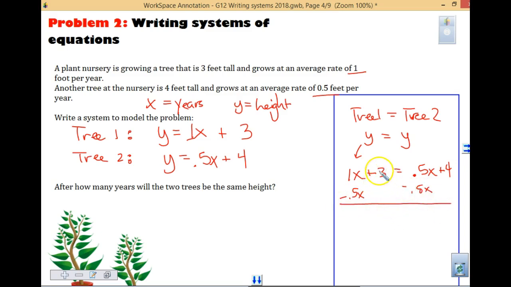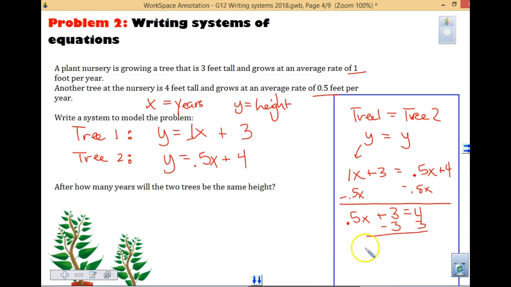After I do that, Grace, 1 minus 0.5 leaves us with 0.5x. I have plus 3 equals 4. Next step, Riley, to get our x by itself? Subtract 3 from both sides.